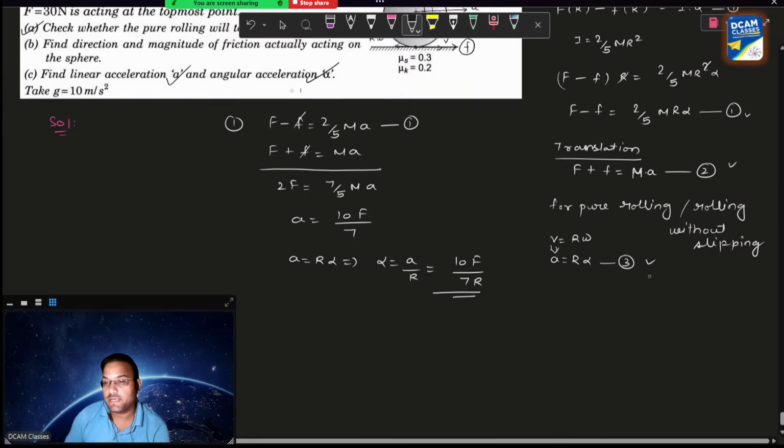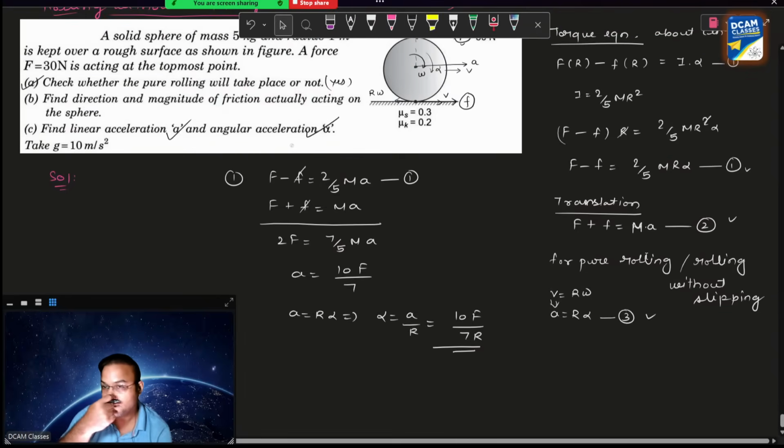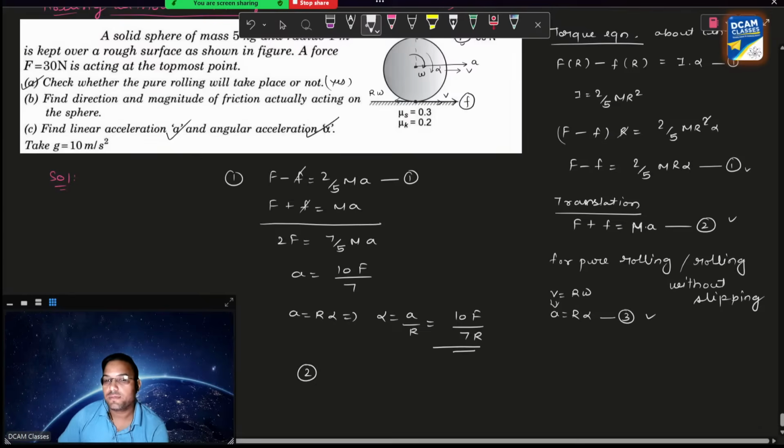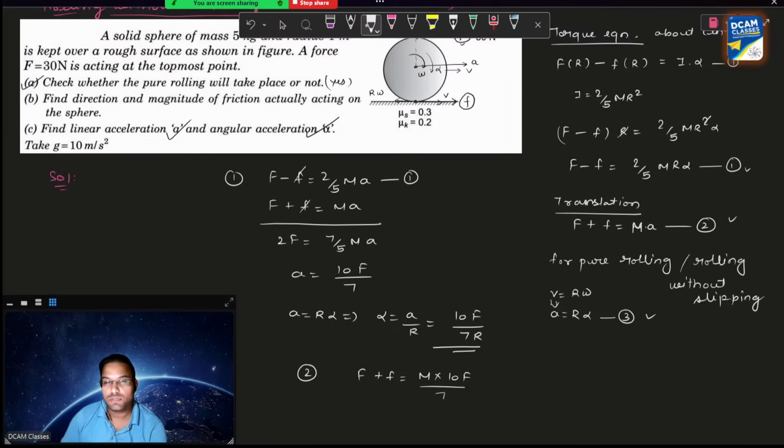Magnitude of friction they want. So either you use the second equation, I'm using the second one. Capital F plus small f is equal to m into 10F by 7m. Something I am doing wrong.